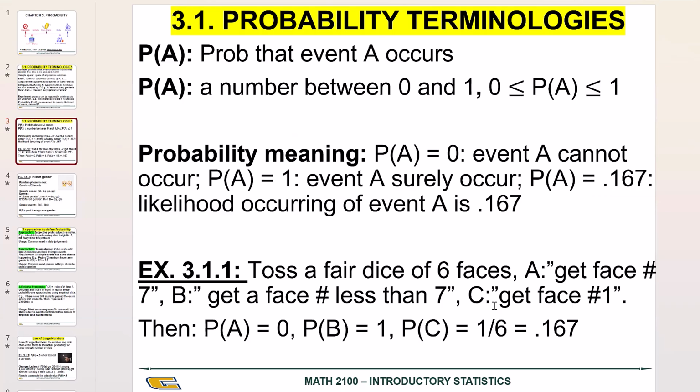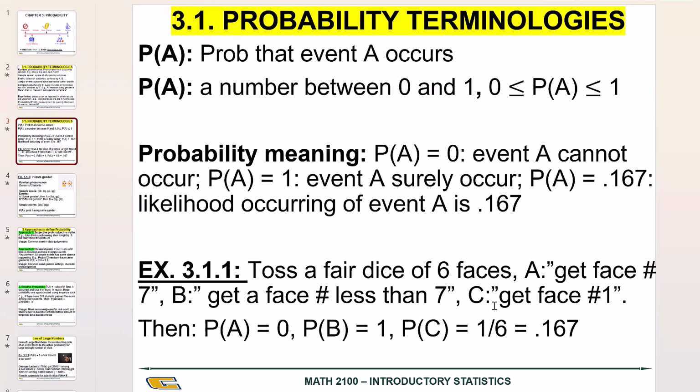Say if you consider an event A and its probability is close to 0, less than half, it is less likely to happen. And vice versa, if the probability is bigger than half, it is likely to happen.